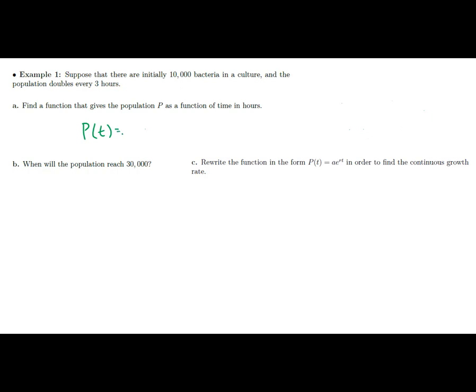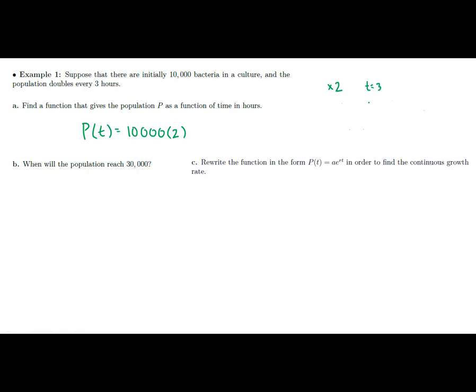t. And with exponential functions, we always start with our initial amount here, right? Now, since we're doubling every 3 hours, one way to think this through would be to say, every so often, I want to double my initial population. If you think about it, we want to times by 2 when t is equal to 3.